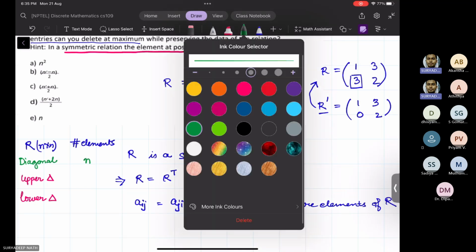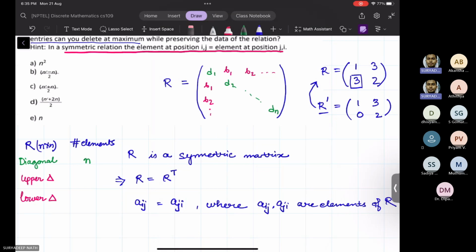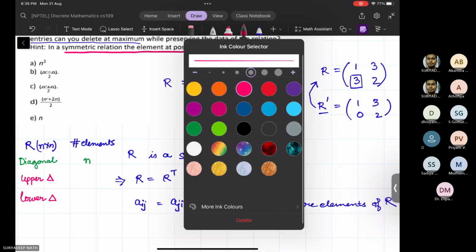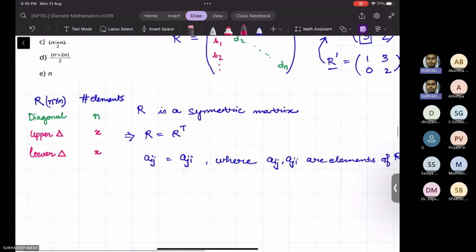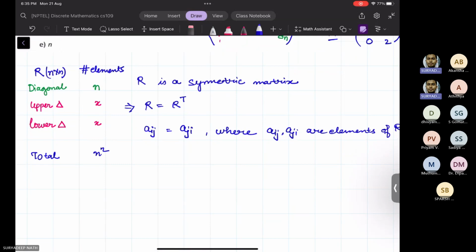So basically, to find this, we call each of them x and x. Let us leave it at x and x. Total we have n square. We can remove either the upper triangular part or the lower triangular part.